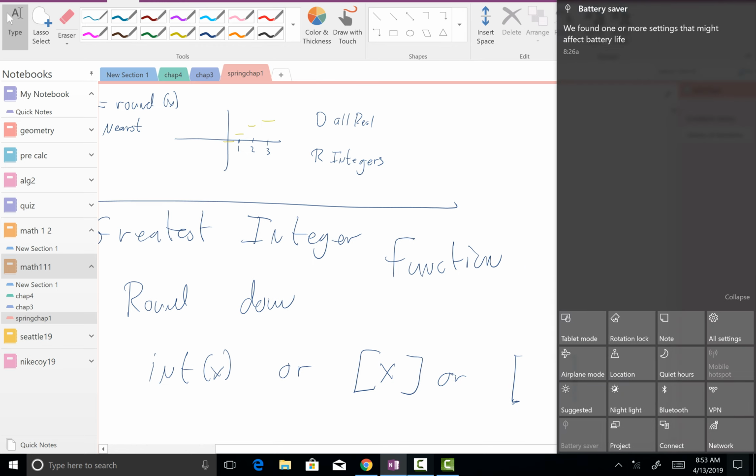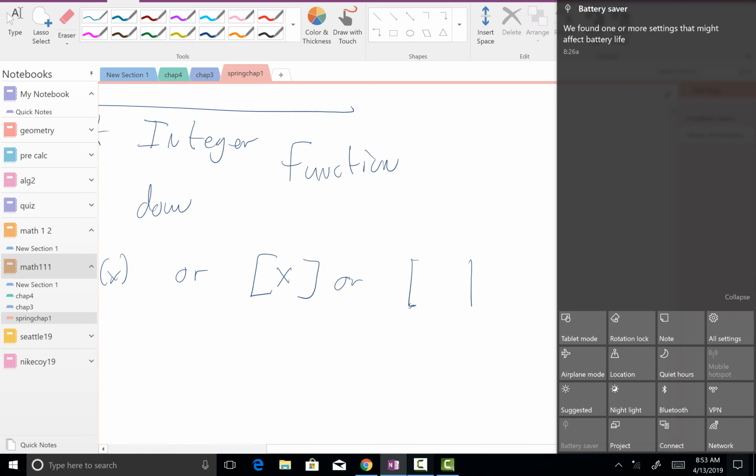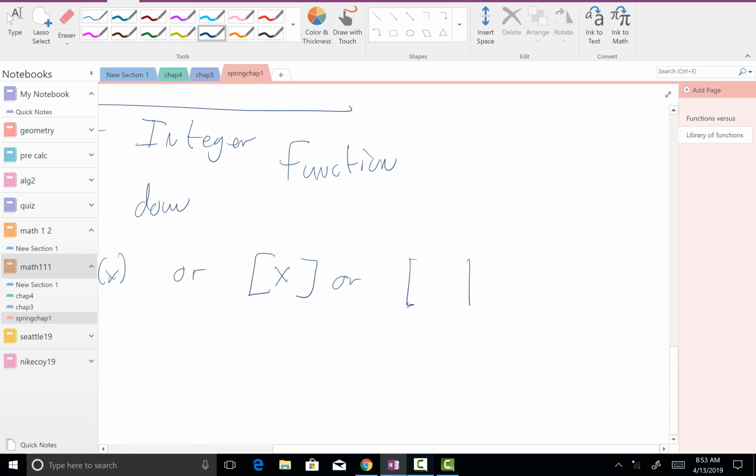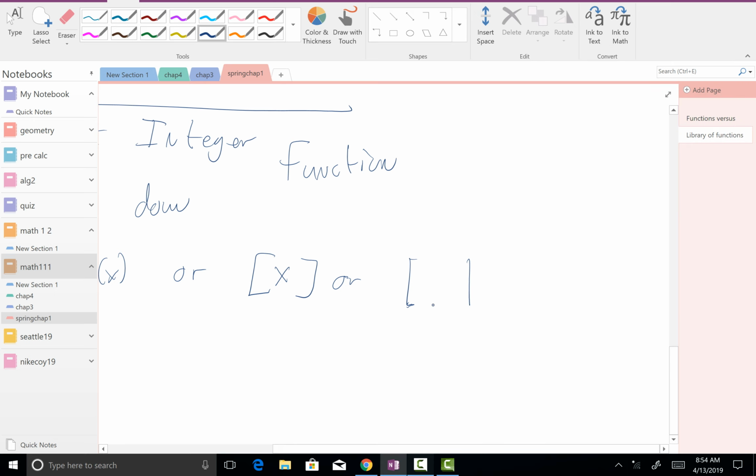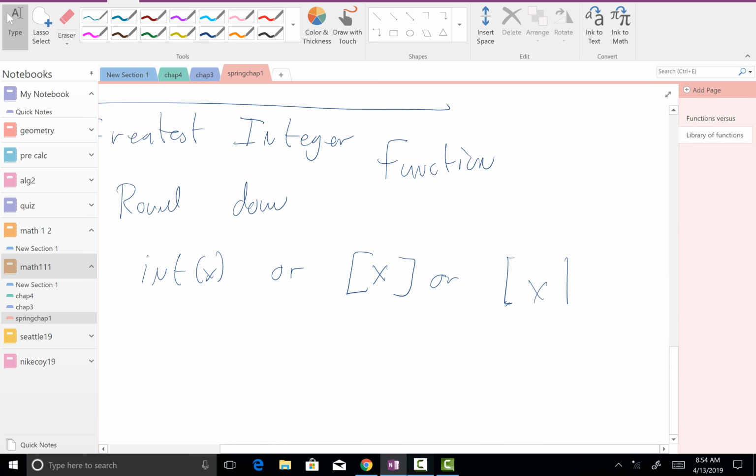So it kind of depends on the textbook and what they're going to do. This one, I think they just used a little bar. They used the INT on there.